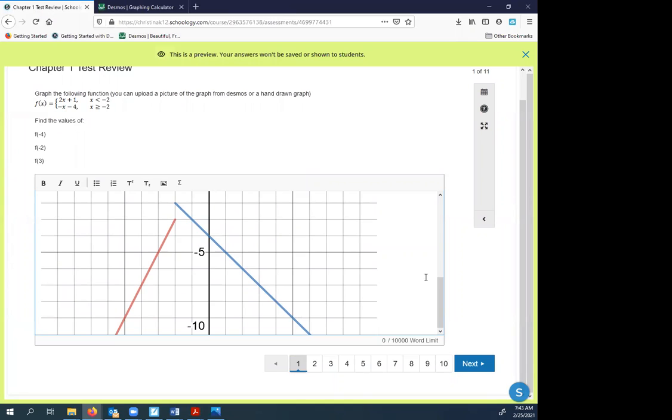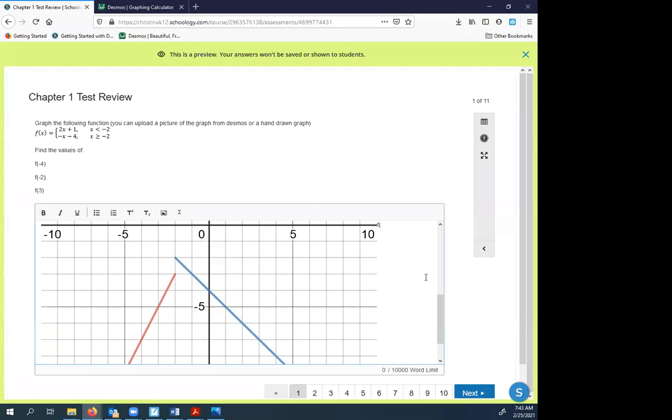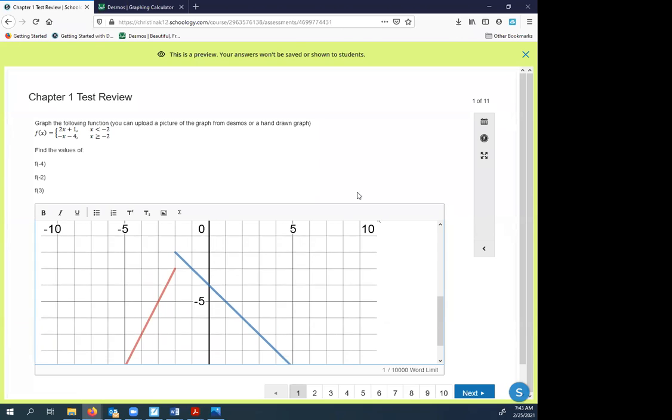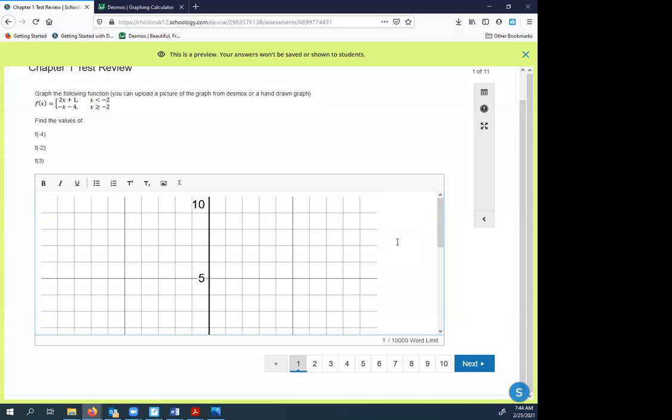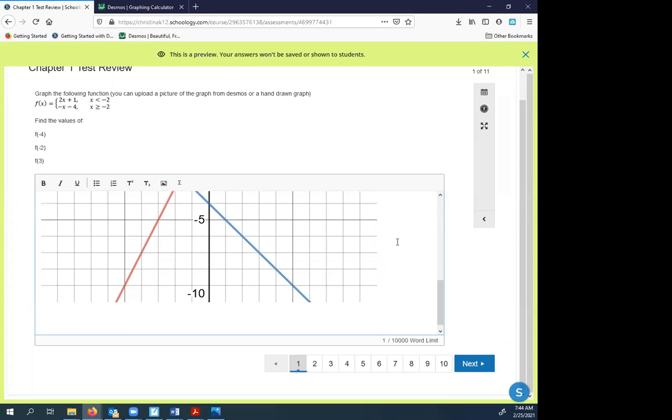Now I need to do f of -4, f of -2, and f of 3. So f of -4. Well, come on, show them what I'm trying to type here. Did I not type below the picture? Oh, there we go.